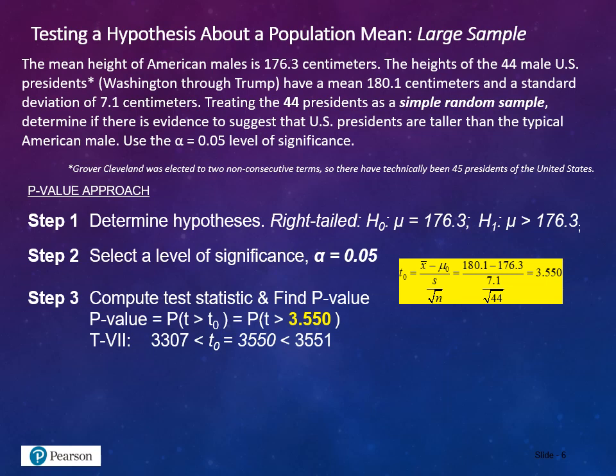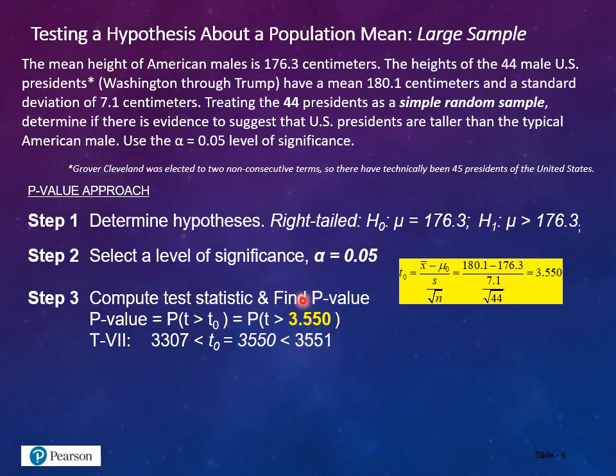So we're looking for the probability that the p-value is greater than 3.550. If we look in table 7 again, here we can see that 3.550 is between 3.307, that's an entry in the table, and 3.551.